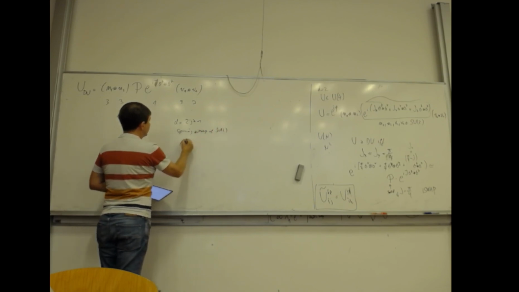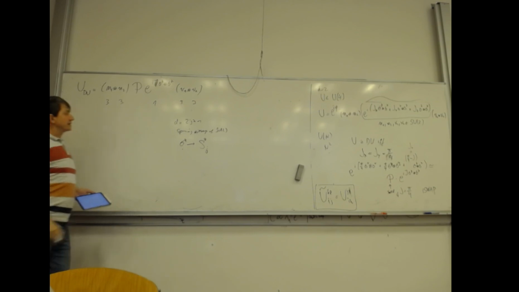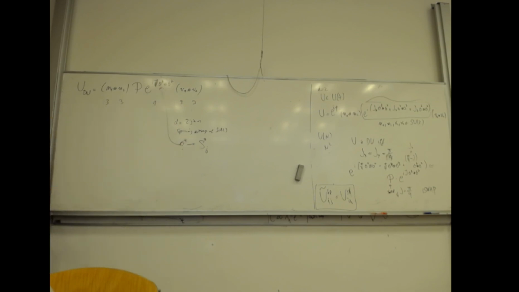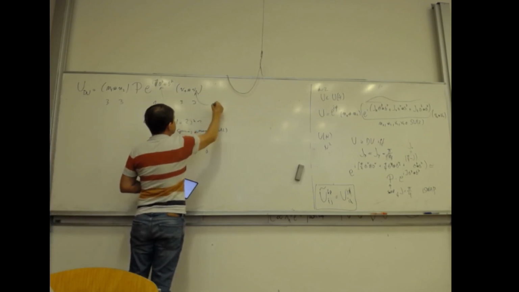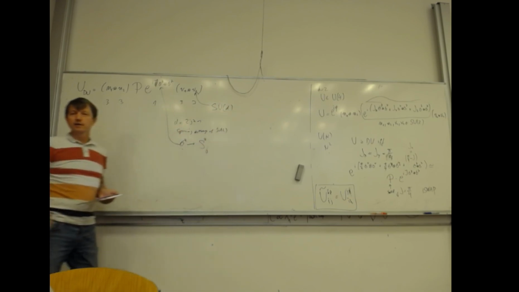And then you replace sigma Z here by S Z of spin J. And then, of course, here you can take SU(D) matrices, where D is 2J plus 1. So this works.